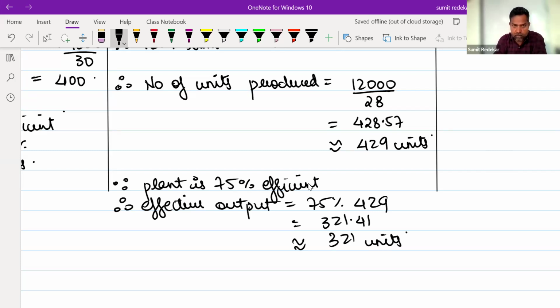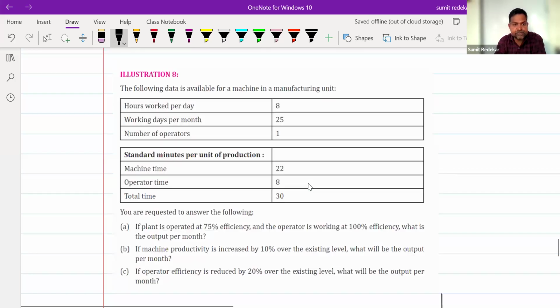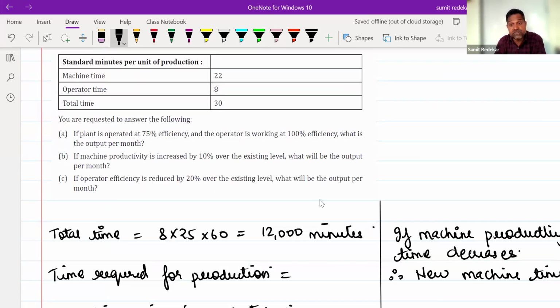Correct? Last but not the least, what if the operator efficiency is reduced by 20%.